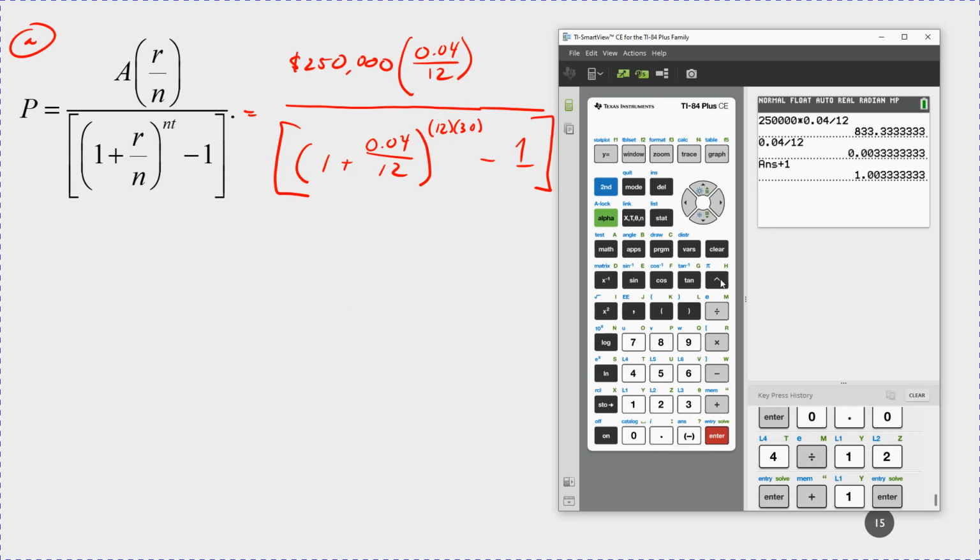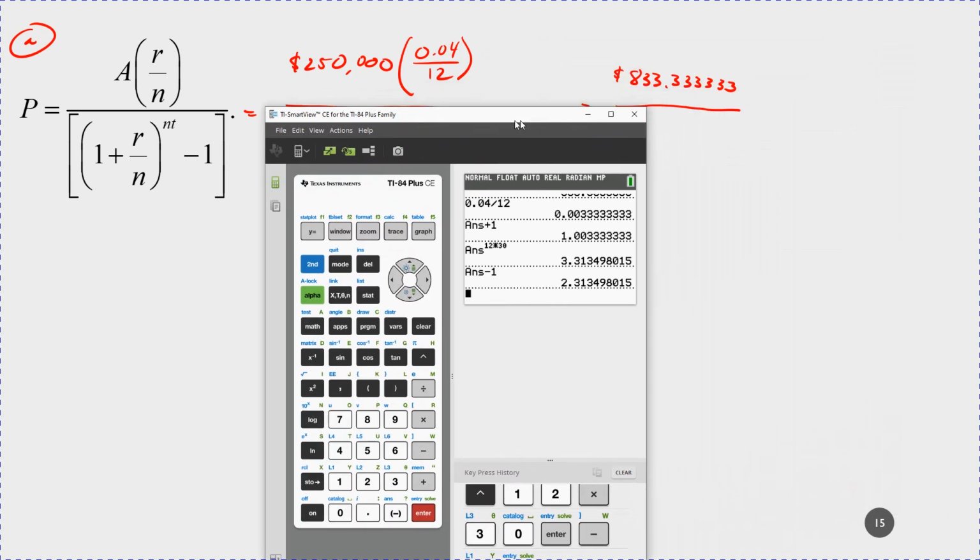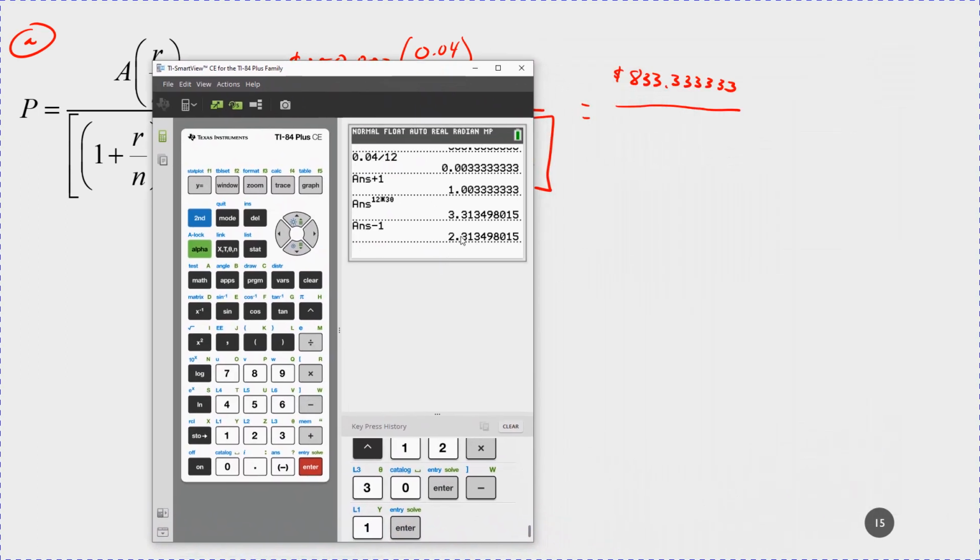Then we're going to raise that to the 12 times 30 power, and then subtract 1. Here, remember, you have to go out 2.313498.